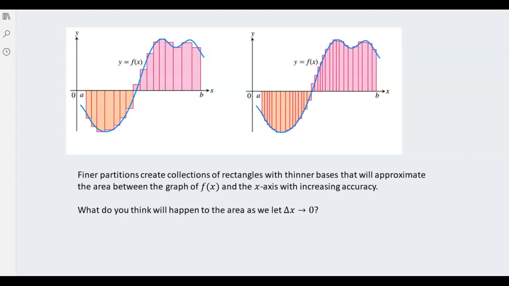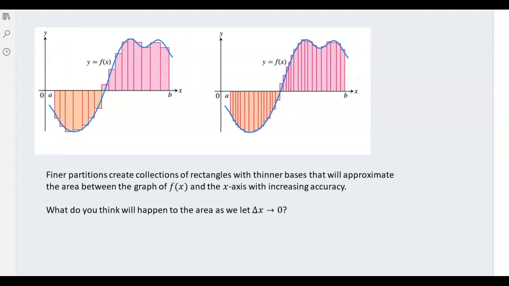What if we could get it so small that we ended up with just little tiny slivers that we were using to calculate the entire area, a very, very small piece at a time. The smaller we could make delta x, the more accurate we're going to get to the actual value of the area.